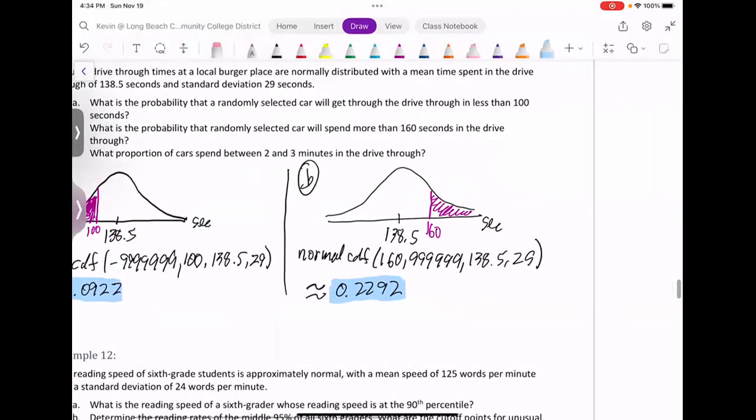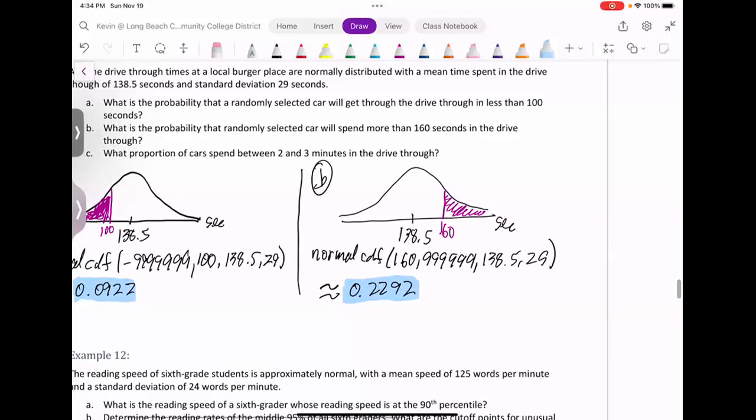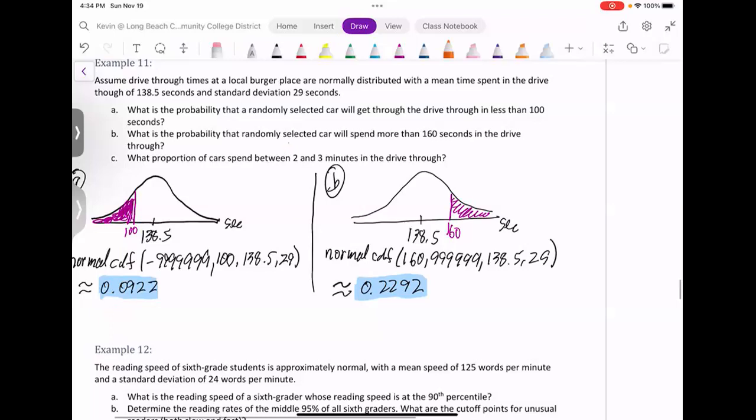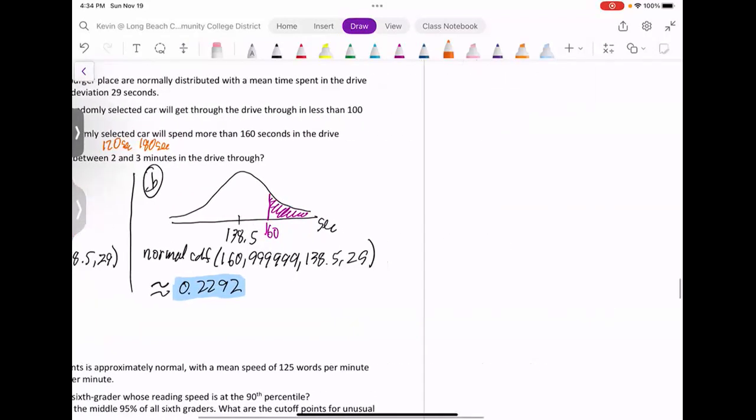In part C, what proportion of cars spend between 2 and 3 minutes in the drive-through? Now, this is a little tricky. We need to keep in mind that 2 minutes, since everything's in seconds, is 120 seconds, and 3 minutes is 180 seconds. We have to translate that. Let's see what we get.